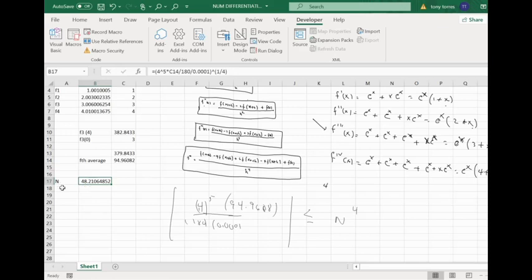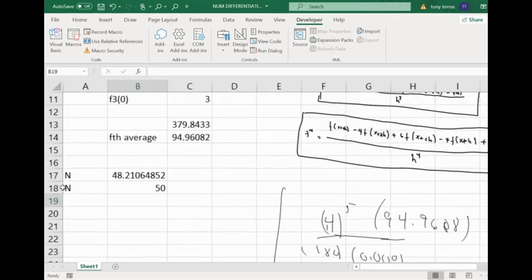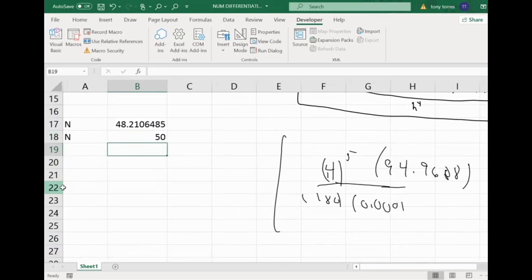Since I'm using Simpson composite, n will have to be even. I cannot use 49, so I need to use n equal 50 to get a lot of precision. Let's see if n equal 50 will do the trick.